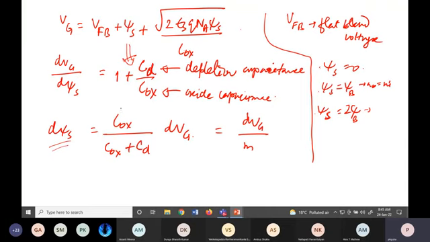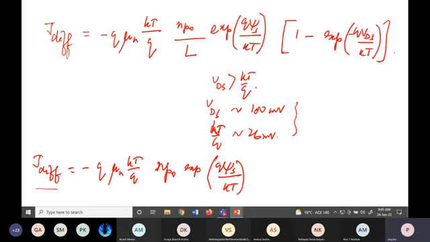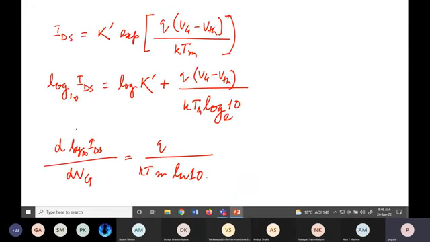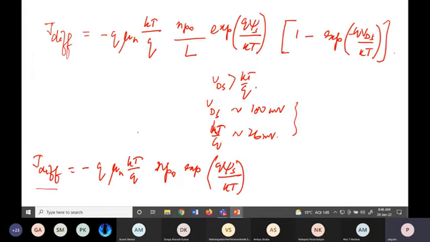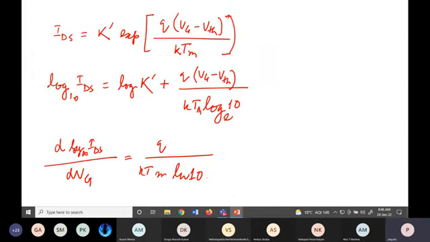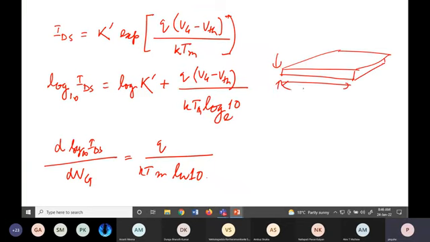You use this. So what we have done, this is a factor which we defined as m, and from this J diffusion we can find out the corresponding current density, and that gives current. Say this is the thickness of the layer, this is my L, this is my W, through which the current is flowing.